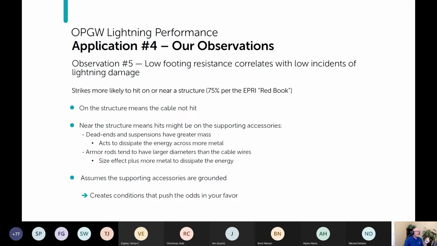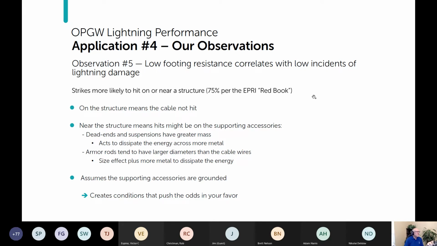So if you have no footing resistance, what you might do is shift these odds to be 50-50. So 50% hit the structure, 50% hit the cable. So if 10% of them are going to damage the cable, then of those 50% that hit the cable, you would expect 5.